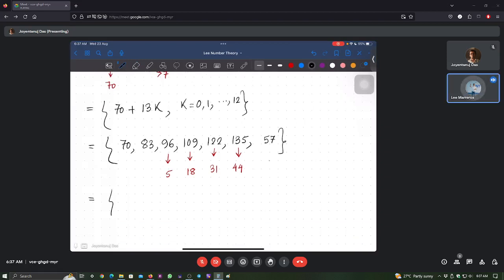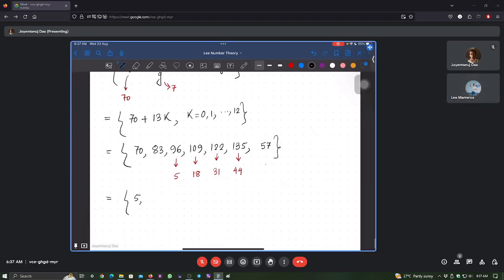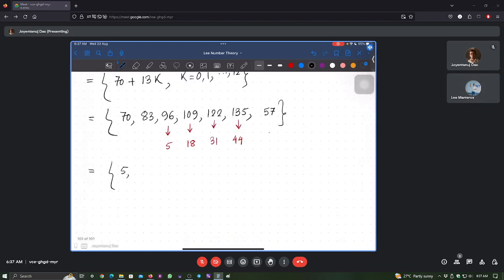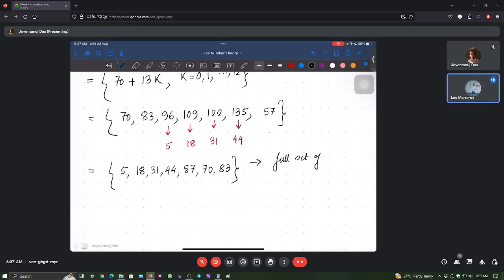It's not that we have 13 distinct solutions, because finally we have to take modulo. So the complete set is 5, 18, 31, 44, 57, 70, 83. This is the full set of solutions.